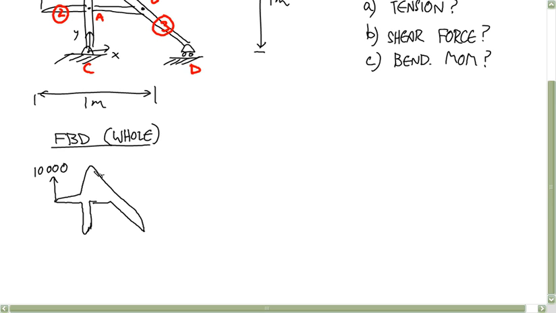And then all the pins are internal. So what load do you have here at C? What kind of load? Yep, I'll call that FC. And what do you have at D? Vertical.